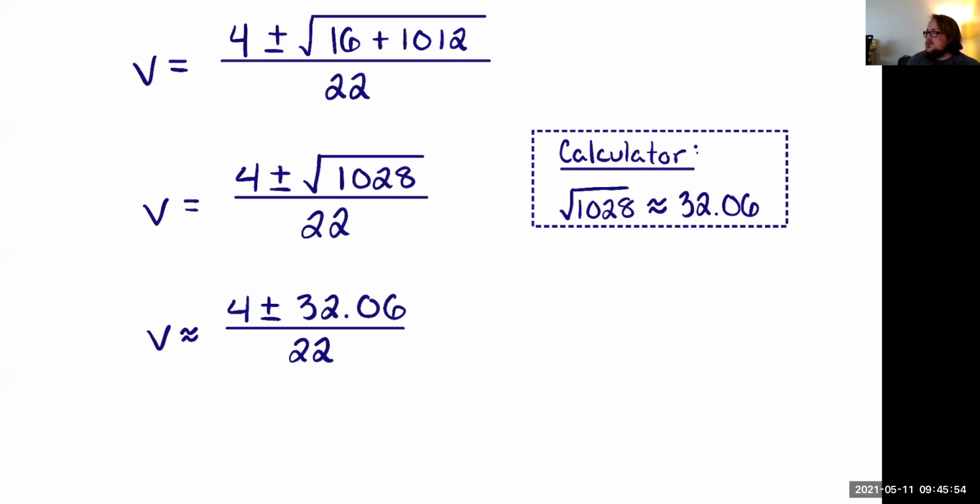With that approximation now, what can I do? Split them apart. Where am I doing the split at? So at that plus or minus, that's the change. So we'll say split at the plus or minus.